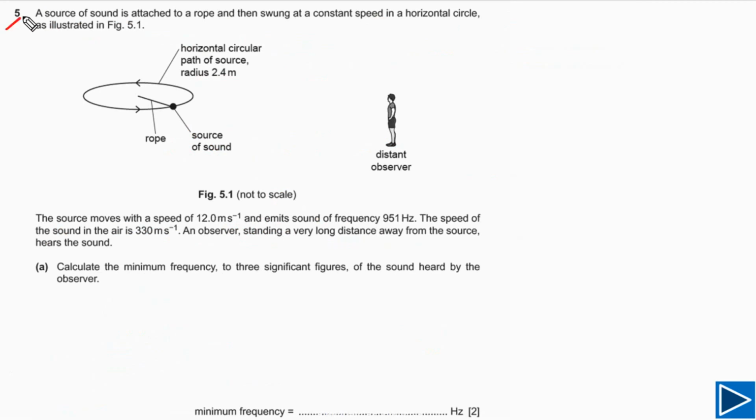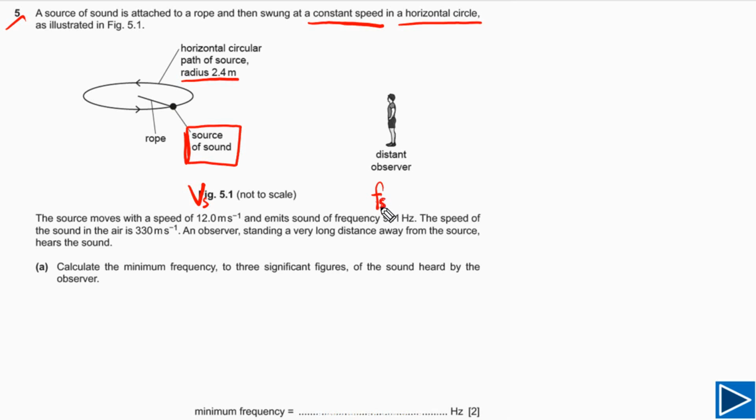For question 5, it is given to us that a source of sound is moving in a circle and the radius of the circle is 2.4 meters. The source of sound is moving at a constant speed in a horizontal circle, and the speed of the source is given, that is 12 meters per second. The frequency of sound produced by the source is also given, that is 950 hertz.